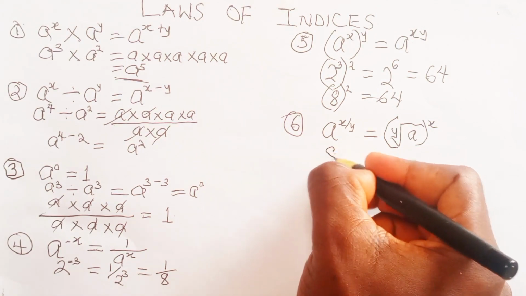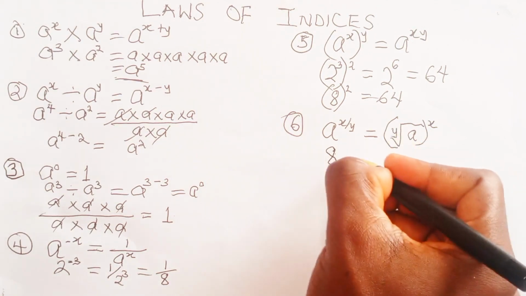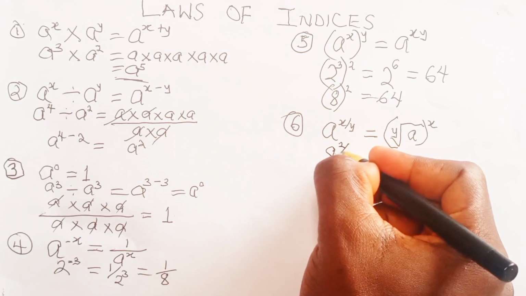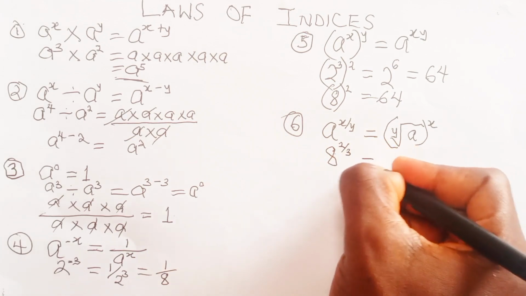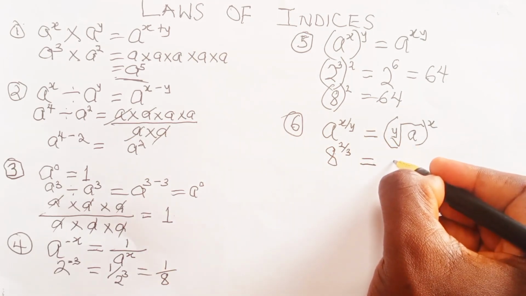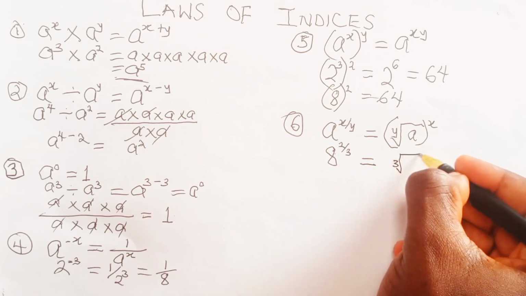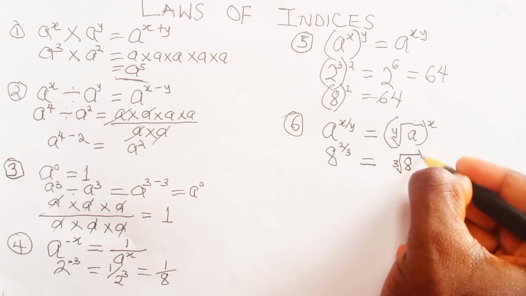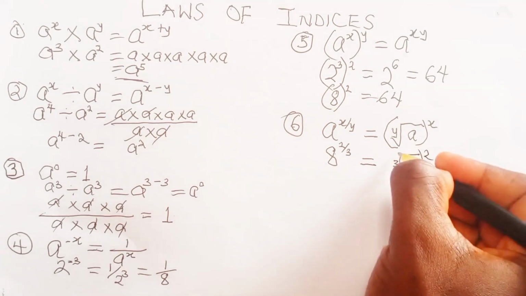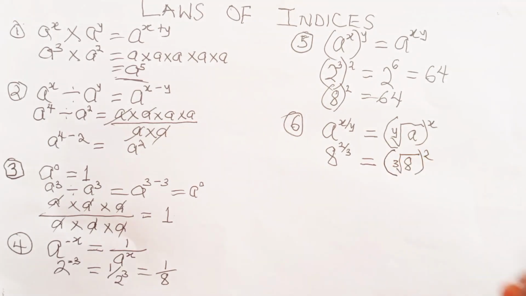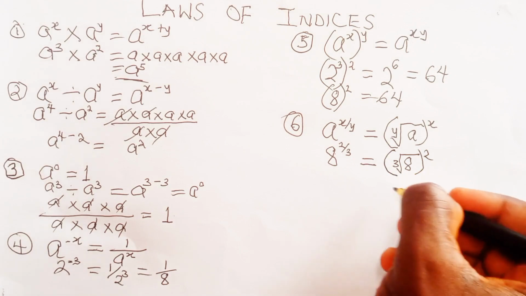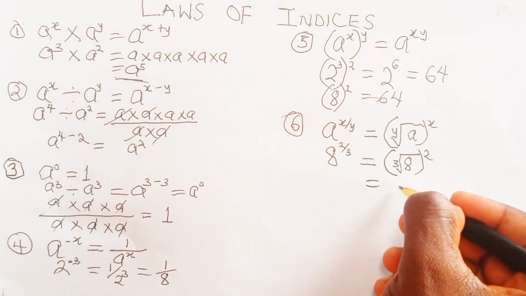So I'm simply going to take an example. 8 raised to power 2 over 3. What is this going to give me? I'm going to take the third root of 8 and remain the 2, which is the numerator, as the power. So the third root of 8 is actually 2.